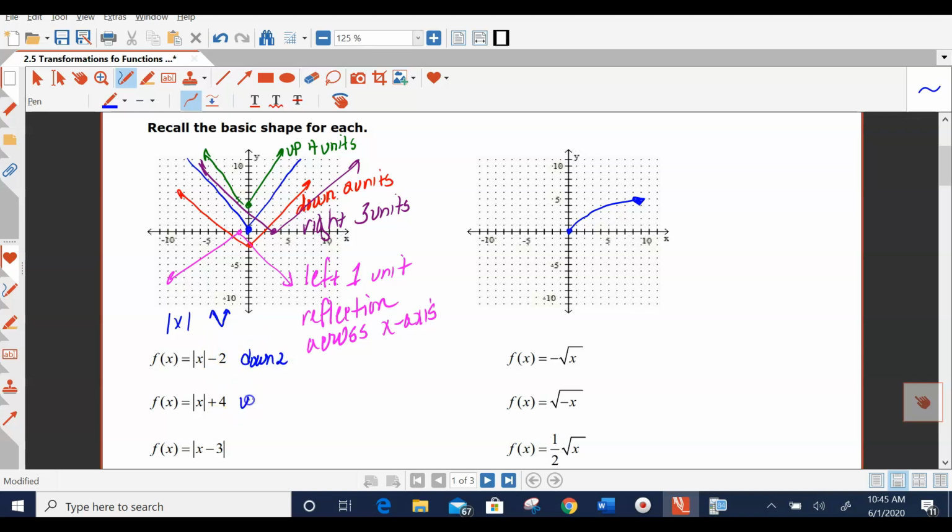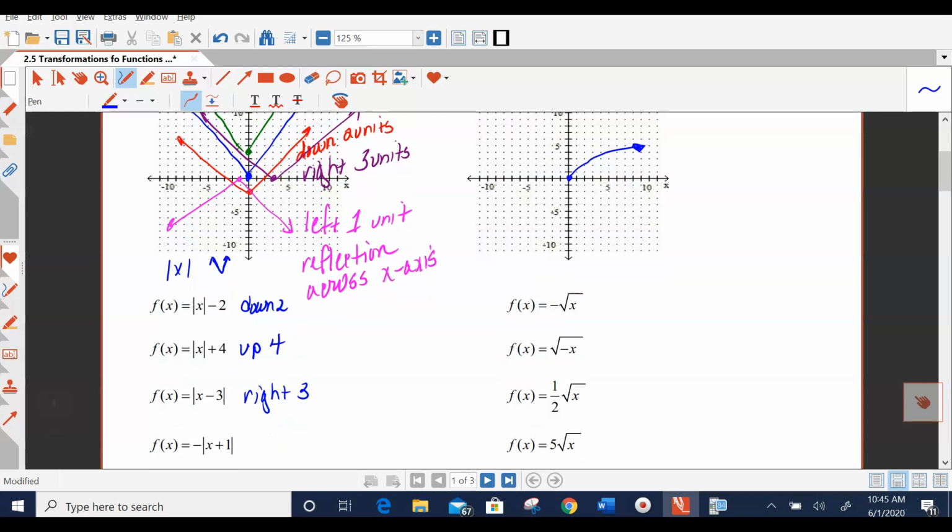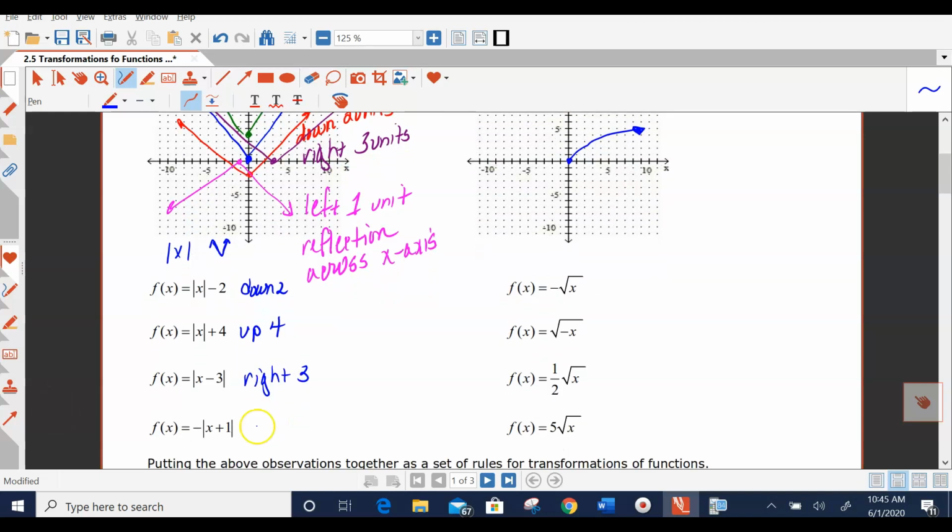When I added 4, it went up 4. When I subtracted 3 on the inside of the absolute value, it went right 3. And when I added 1 inside the absolute value, notice it went left 1. But then the negative in front caused it to reflect across the x-axis.